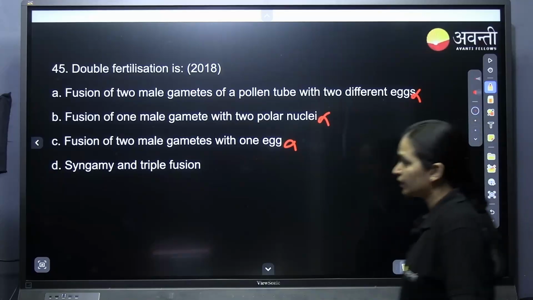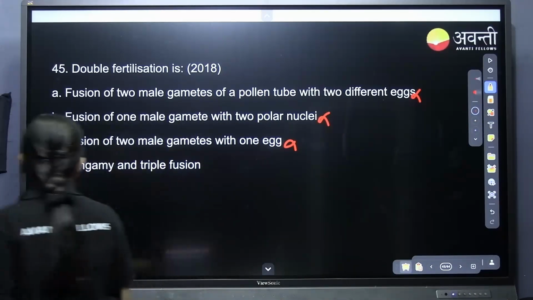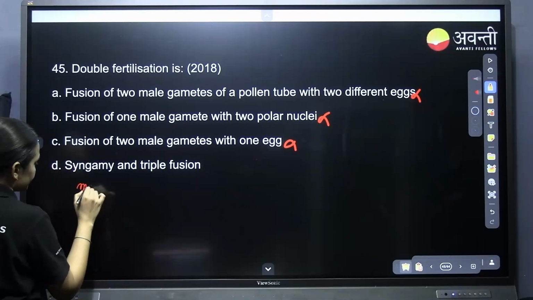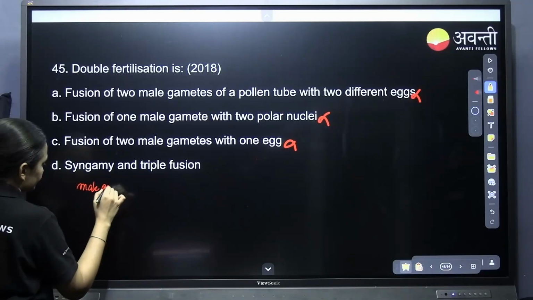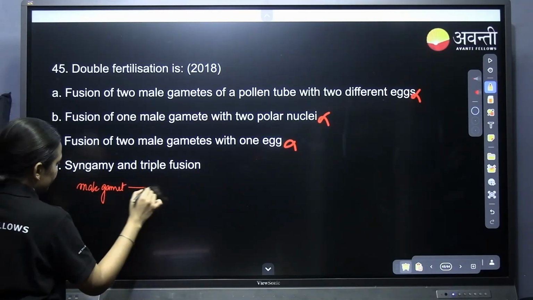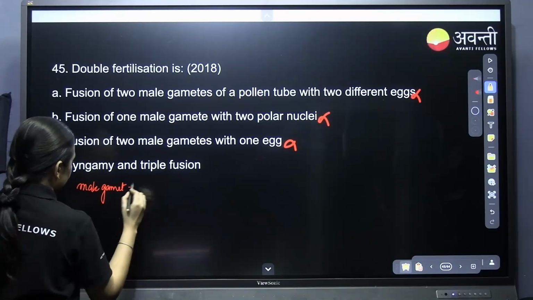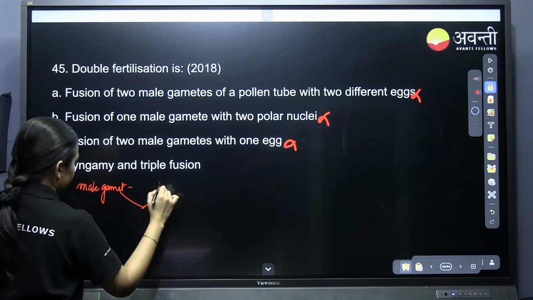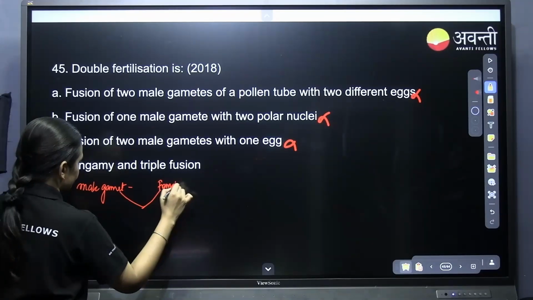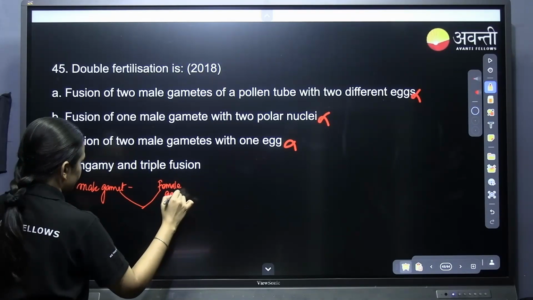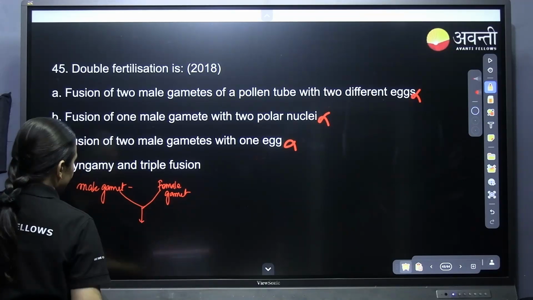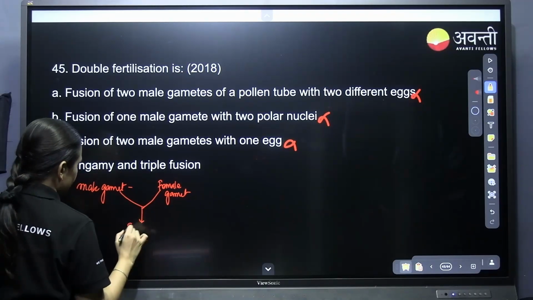True. Syngamy means fertilization. That is a male gamete fertilized with the female gamete or egg, you can say, and resultant, that is fertilization, is called syngamy.